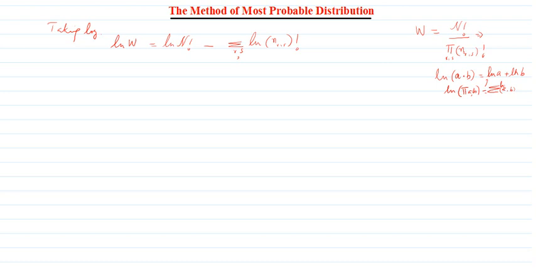That is why minus the sum over rs, where the product is now replaced with the summation. I think it is clearly understood.